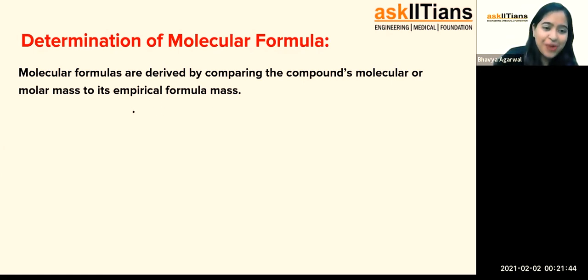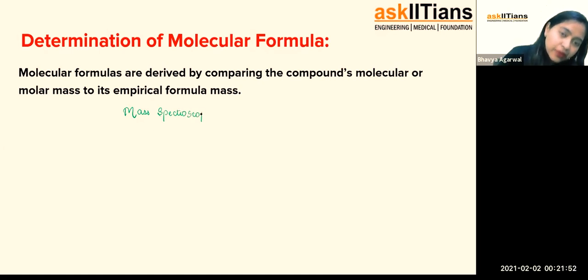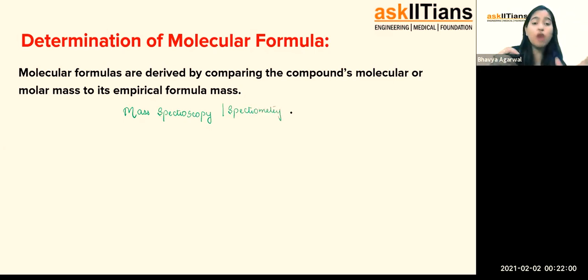So, the answer to your question is there is a thing known as mass spectroscopy or mass spectrometry. So, with the help of this instrument and this technique, we can find out the molecular mass of a compound.